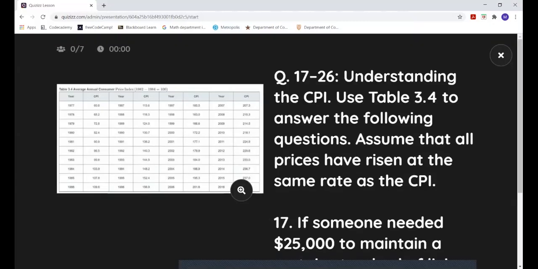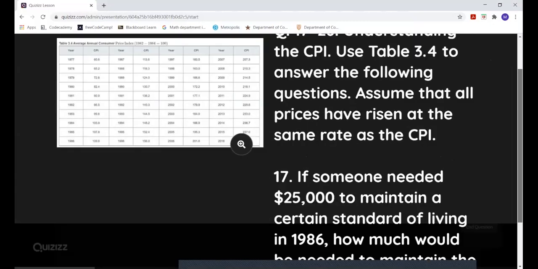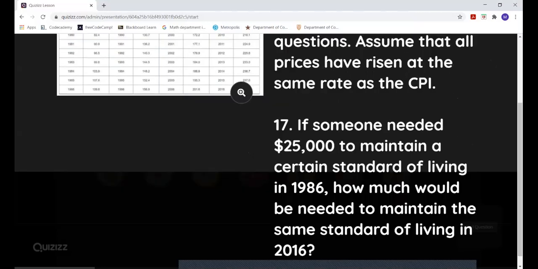All right. If someone needed $25K to maintain a certain standard of living in 1986, how much would be needed to maintain the same standard of living in 2016?